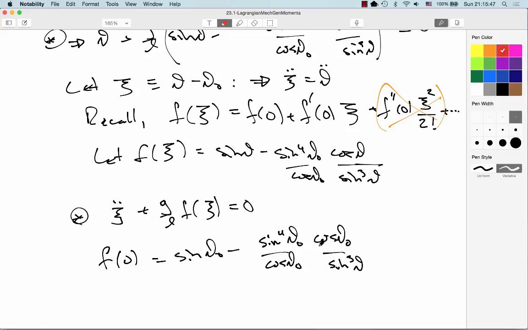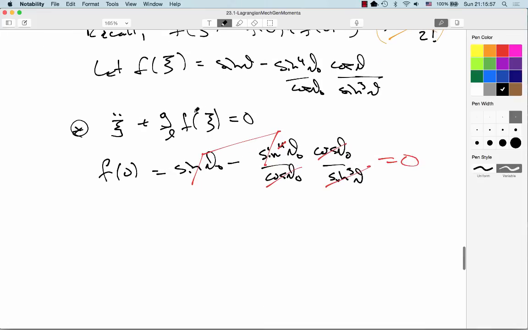Oh, awesome. Cancel, cancel, cancel. 3 powers, leaving 1 power. This minus that cancels, giving me goose egg. Super. All right. F prime evaluated at 0 is more of a chore. I will just assert that it actually cleans up kind of nicely and evaluates to 3 cosine theta naught plus secant theta naught.